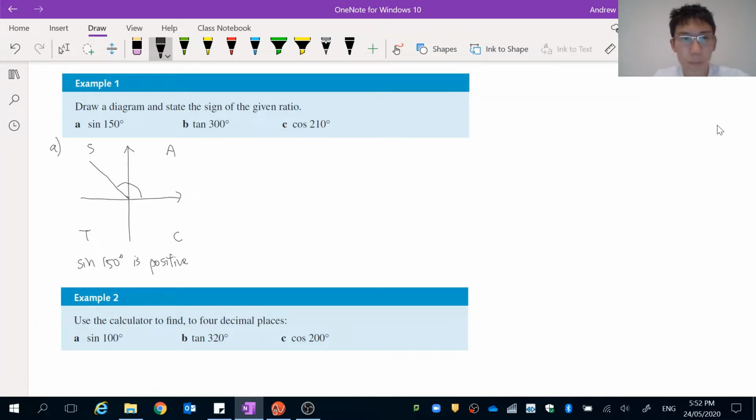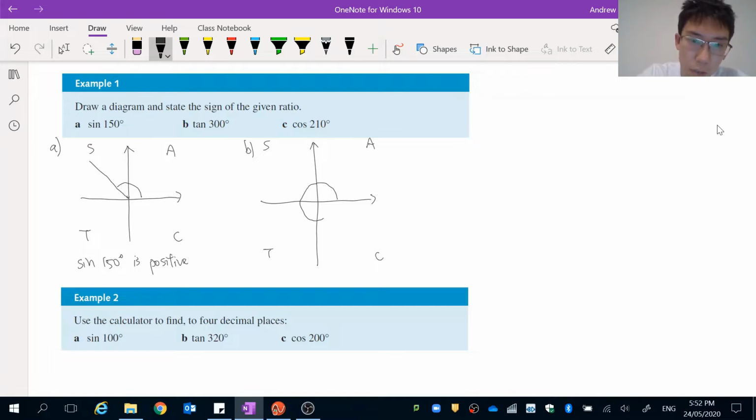Let's do tan 300. So again, let's draw up our CAST diagram. And 300 degrees, so again, start from the positive x-axis. Around, that's 90, that's 180, that's 270.